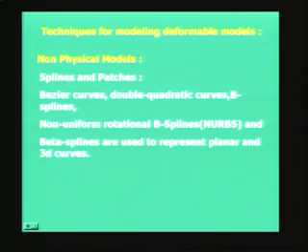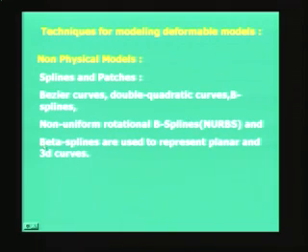Non-physical models involve splines and patches. We talk about Bezier curves, double quadratic curves and B-splines, which are used to model non-physical models. Non-uniform rational B-splines, NURBS. We talked of these already when we saw that very highly realistic example after we talked about texture bump mapping.